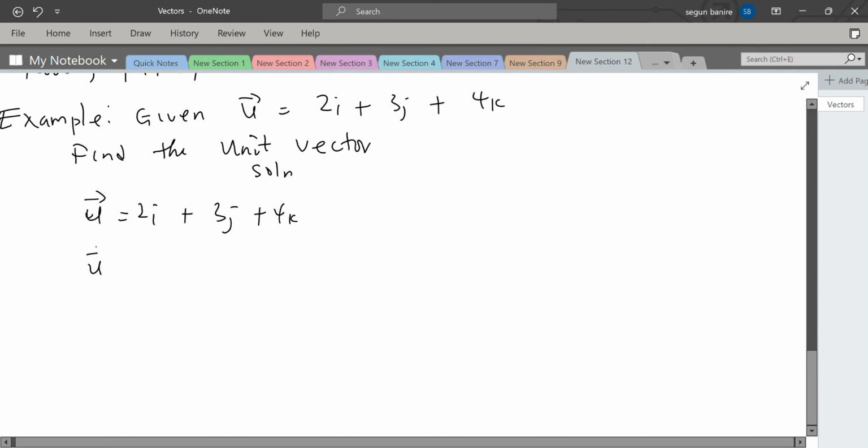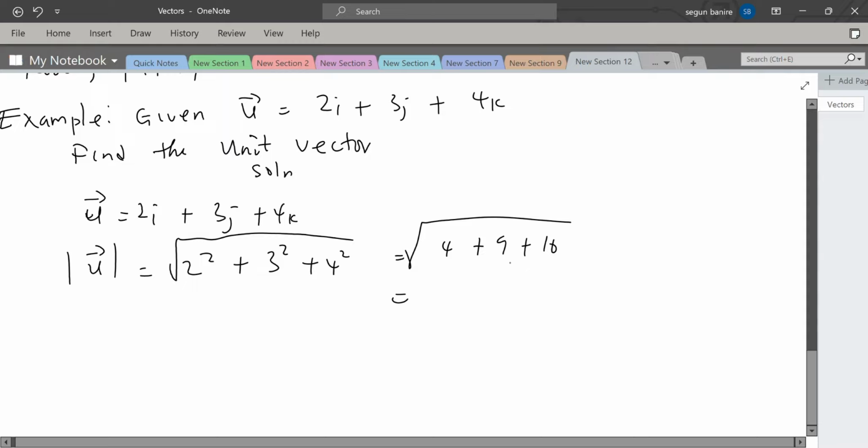You have 2 squared plus 3 squared plus 4 squared, so that would be 4 plus 9 plus 16. That is 25 plus 4, which will give you 29.